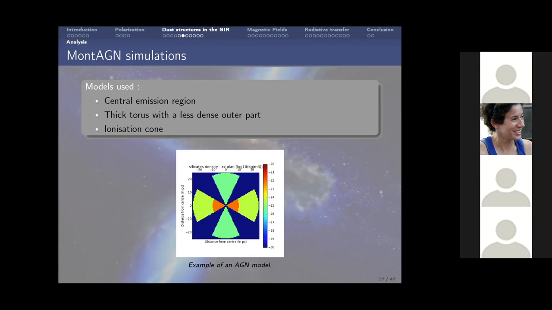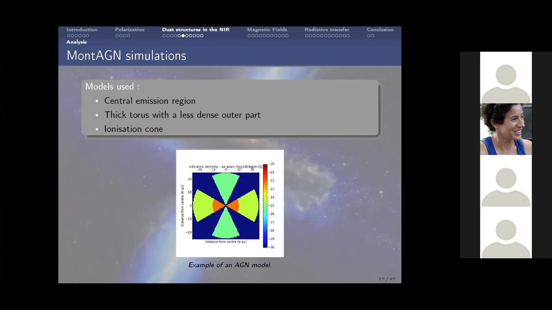So the idea we had with Daniel a few years ago was to develop our own code, based on some work which had already been done in Asia a few years ago. Especially, the idea was also to make it work well with AGN, because most of the radiative transfer codes were optimized for stellar environments.